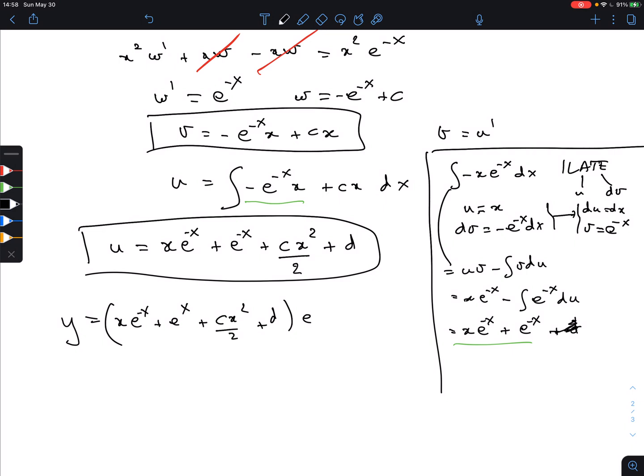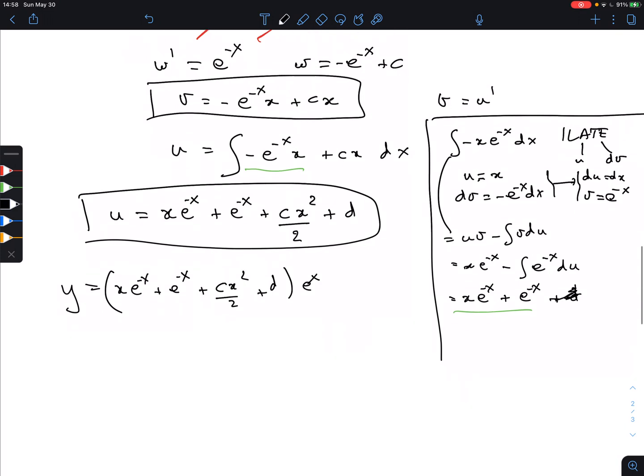I was so happy that the minus signs were gone that I erased everything. So times e^x. Yeah, that's why I was expecting this to cancel. So if you expand this, you get (x plus 1) plus c x squared over 2, times e^x, plus d e^x.